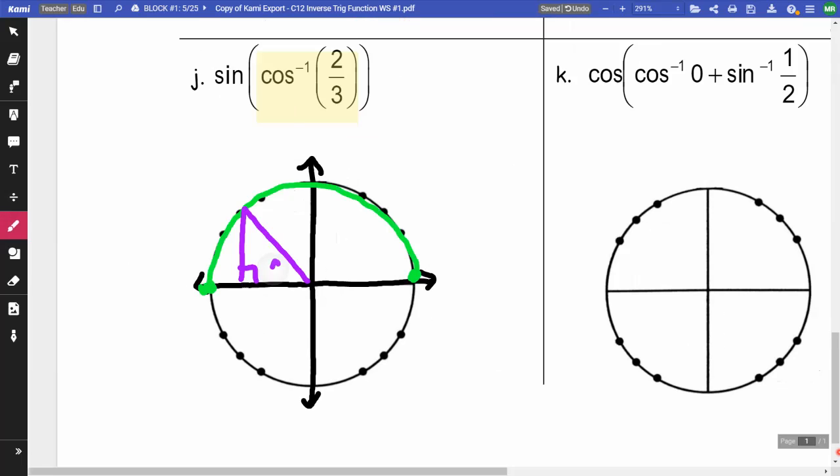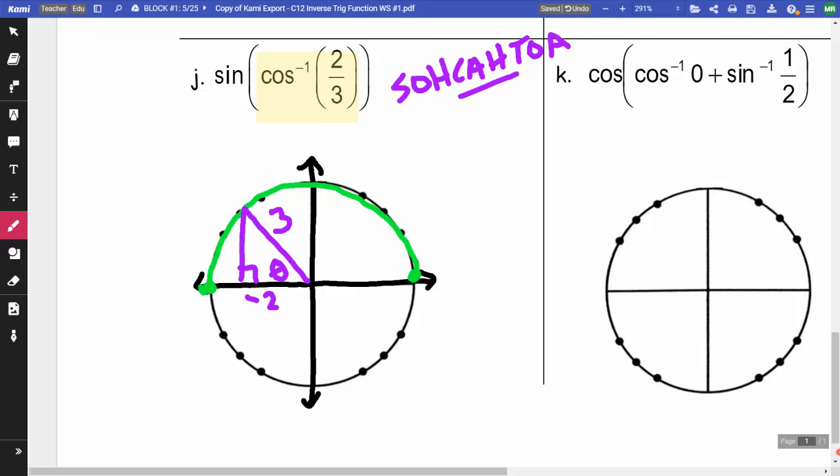So if this is my angle, let's call it theta. Cosine is, remember, SOHCAHTOA. So cosine is adjacent over hypotenuse. So adjacent is going to be -2 because of the quadrant I'm in. My x's are negative over here. And my hypotenuse is 3. And then I'm going to use the Pythagorean theorem for this.